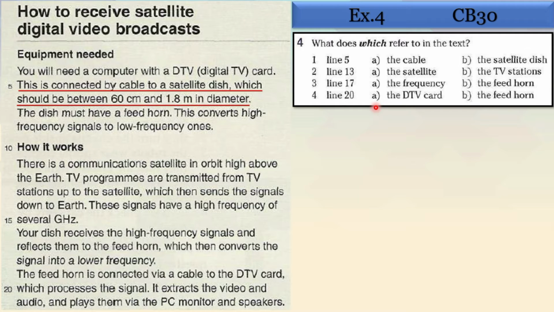It is important to read the whole sentence that contains the word which here. This is connected by cable to a satellite dish, which should be between 60 centimeters and 1.8 meters in diameter.